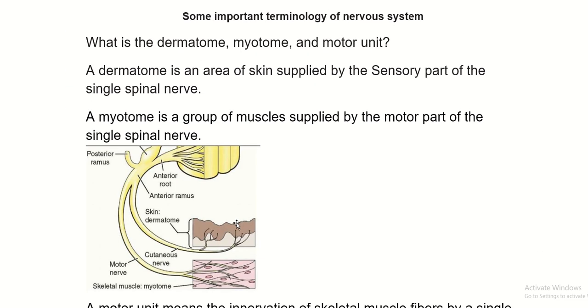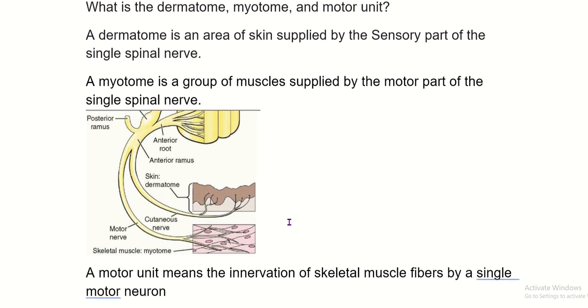Now some confusing terminology of the nervous system: dermatome, myotome, motor unit. Dermatome is the area of the skin supplied by the sensory part of a single spinal nerve. So dermatome and myotome are both related to a single spinal nerve. Dermatome is related to the sensory system: the sensory part of a single spinal nerve collects sensory information from a particular portion of the skin.